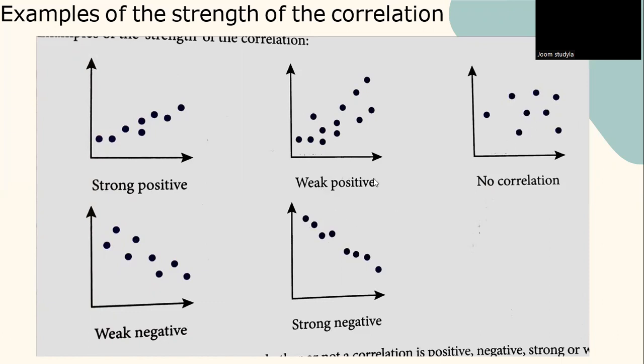For weak positive, initially the points x and y are low, but after a certain time it goes up. That's why it is called weak positive. And the strong positive means the starting point is not so low, and y also gives a value equal to x, and progressively it goes up.